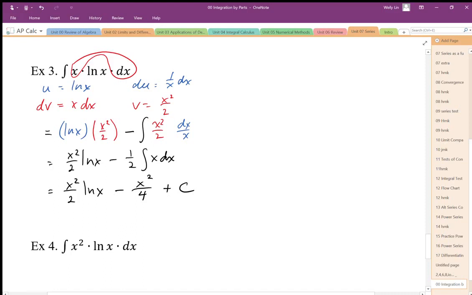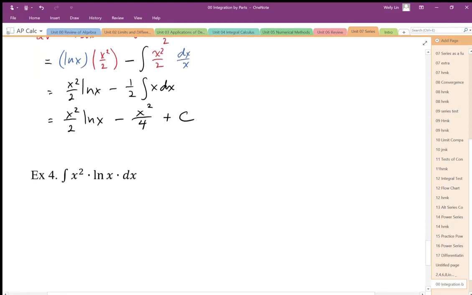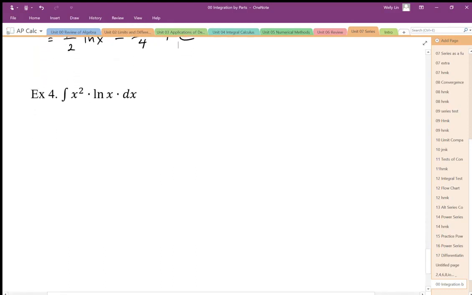So again, I need to go through my simpler methods. If I can't do it by substitution, I can try integration by parts. So same thing here. I can't use a rearrangement. It's not a standard integral. Substitution, no, there's an inside function, but substitution doesn't work. I have to try integration by parts.